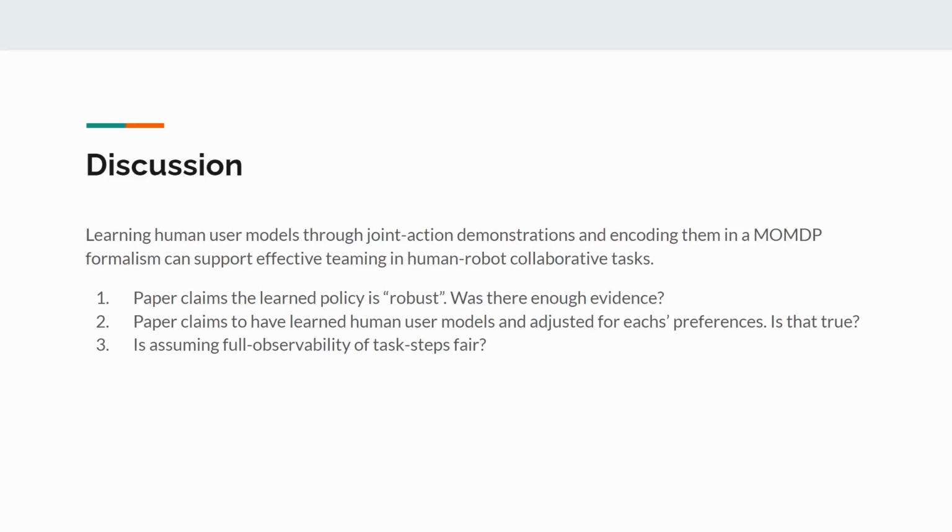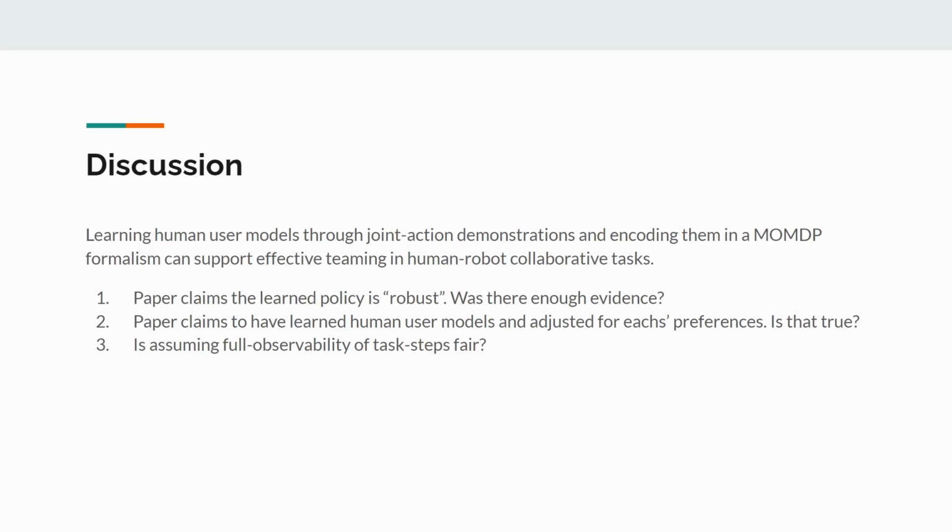Overall, what this paper did show was that learning human user models through these joint action demonstrations and encoding them in a MOMDP formalism does support effective teaming in these collaborative tasks, but there are still open-ended questions left.